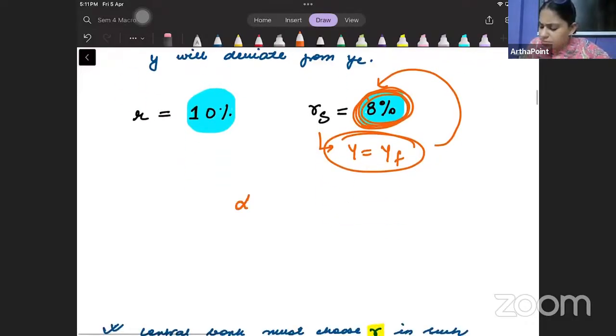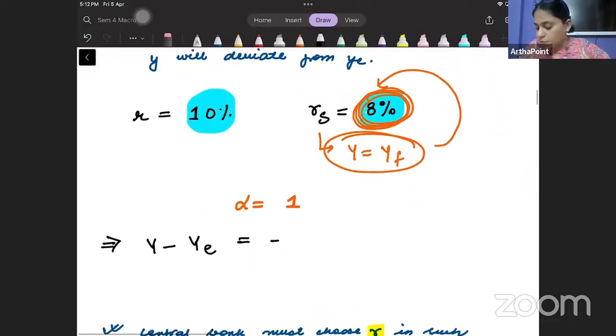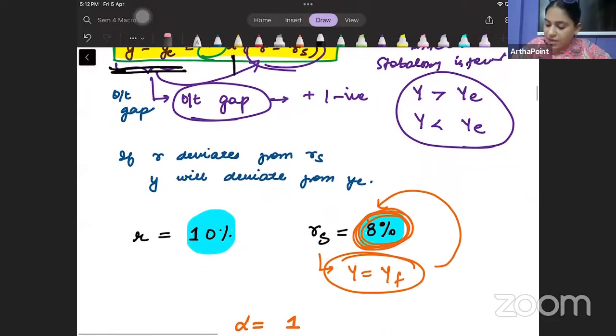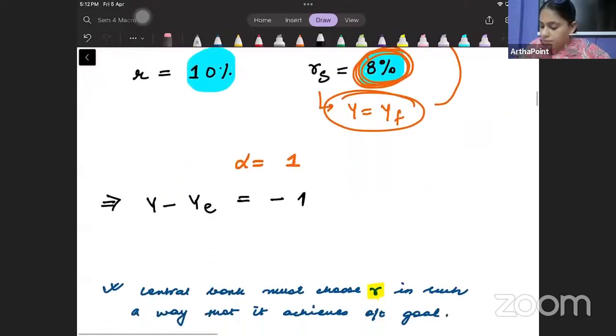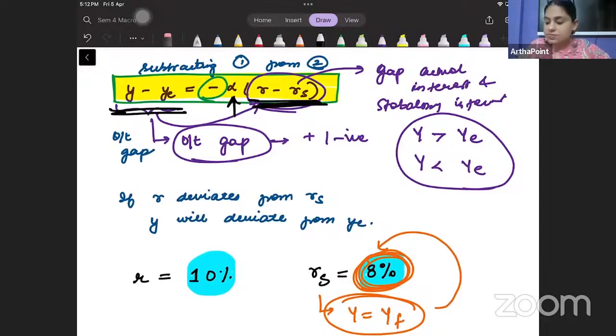I am taking for simplicity alpha to be 1. So what will I go ahead and get, bache? I will get y minus ye. See this? Y minus ye is equal to minus, beta, instead of alpha, I will plug 1. And then I will get, beta, r minus rs.